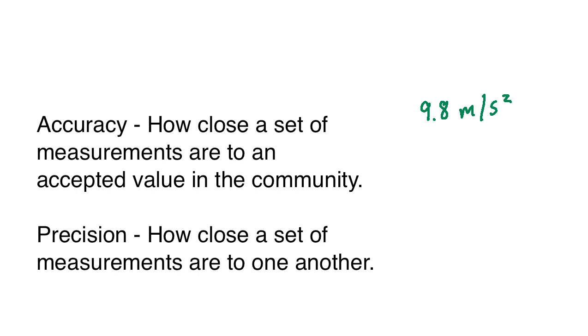So accuracy cannot always be determined because let's say that you're pioneering or trying to figure out some brand new equation or unit or something like that in a field. If you don't have a known value to go off of, you are the one that is starting to establish that value. Now, once you've established it, it doesn't mean that it's accurate all of a sudden, or the accepted value.